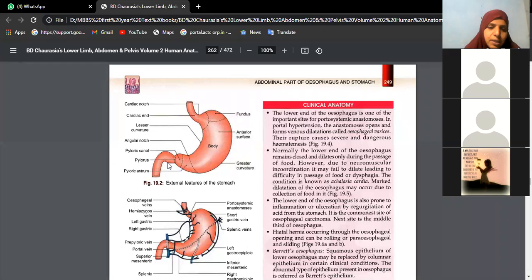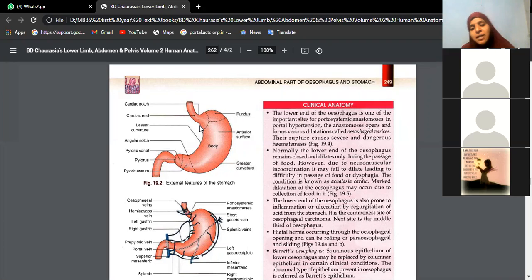The extent of lesser omentum is from the lesser curvature of the stomach to the margins of porta hepatis. And the right free margin of the lesser omentum will show a small opening, that is epiploic foramen, which marks the communication of greater sac with lesser sac.